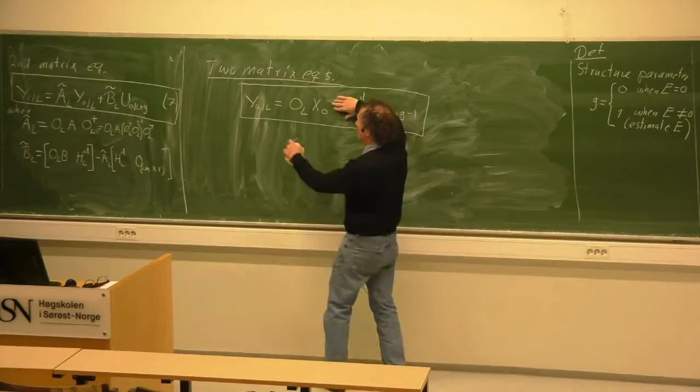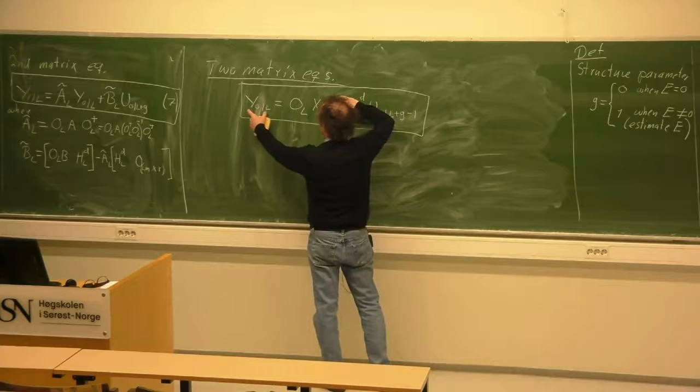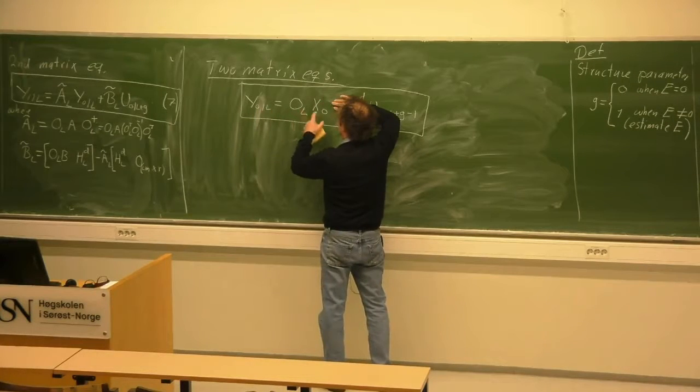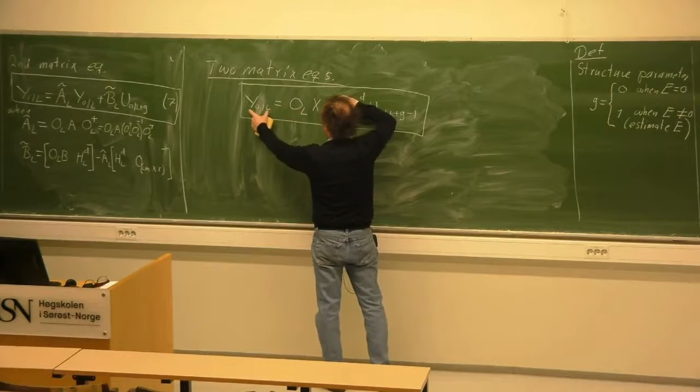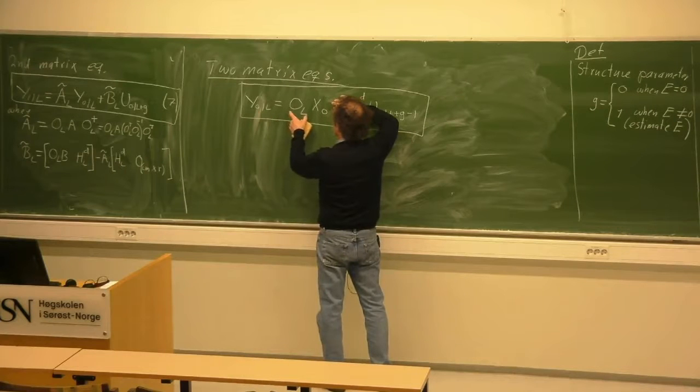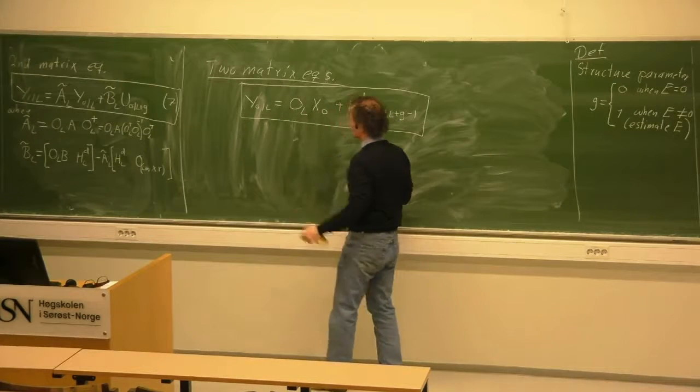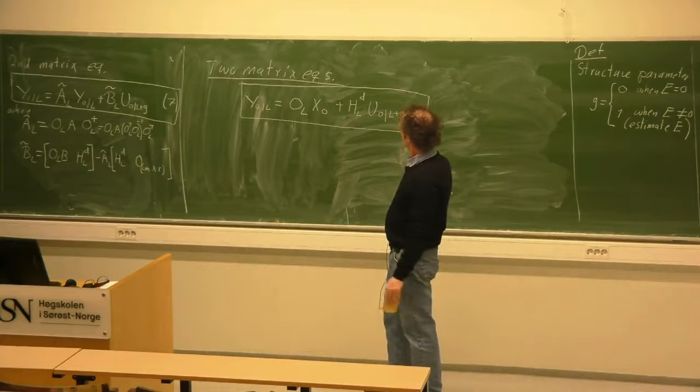So we simply calculate a singular value decomposition of this one, and we find the system order as the number of non-zero singular values of this one. And we estimated OL and X0 in our first step.